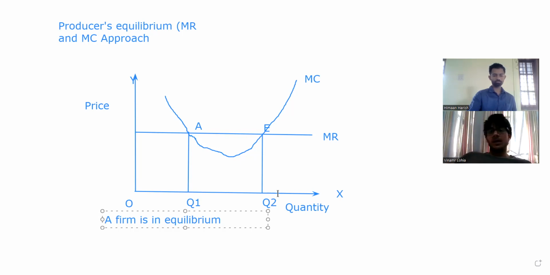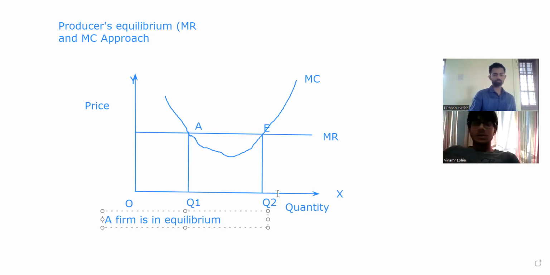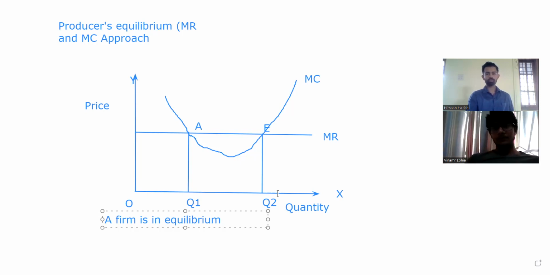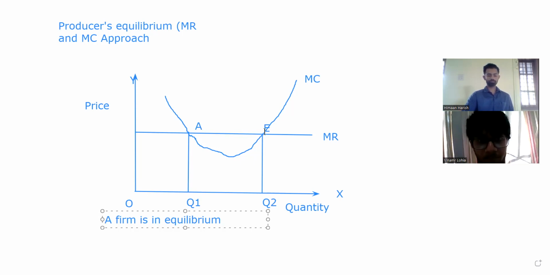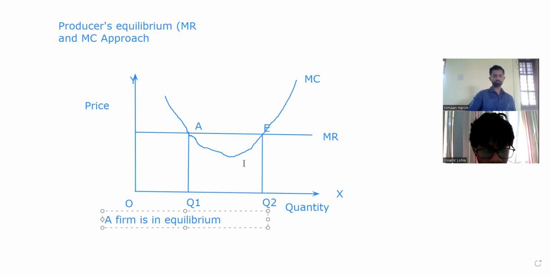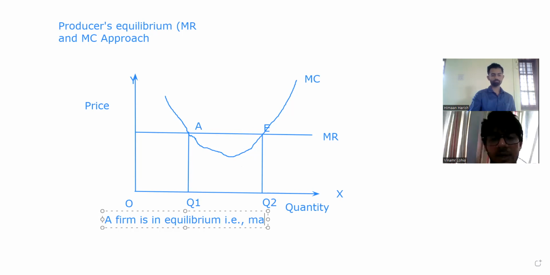How is it maximizing profits then? It's maximizing profits when MC is equal to MR at point E. No, but how is it making profits?